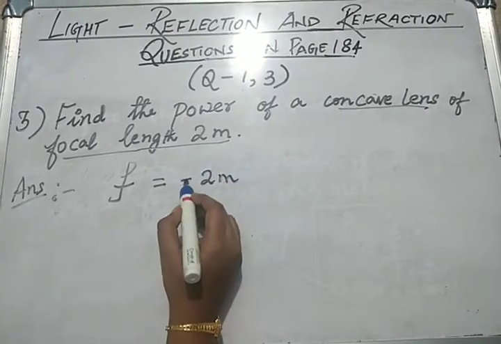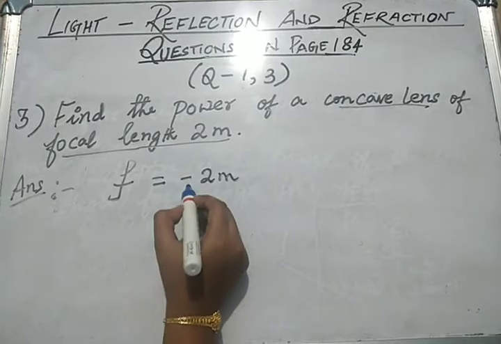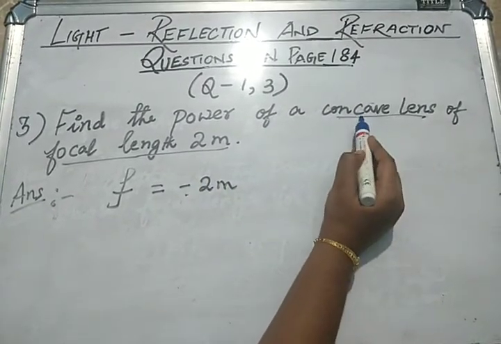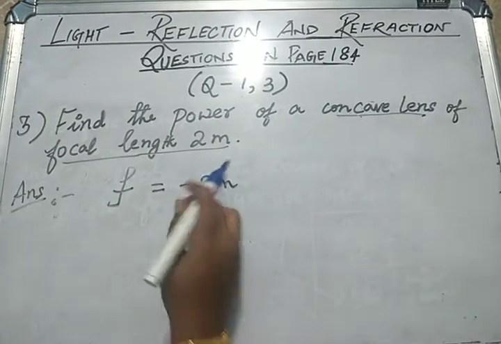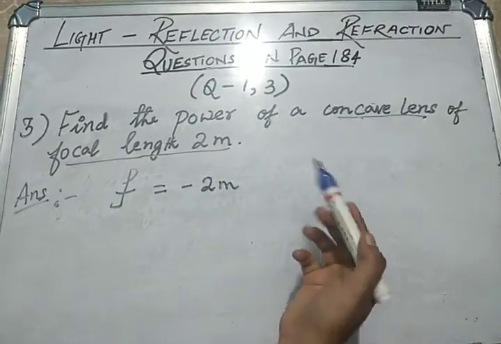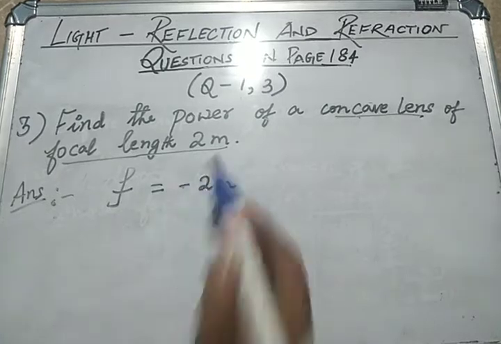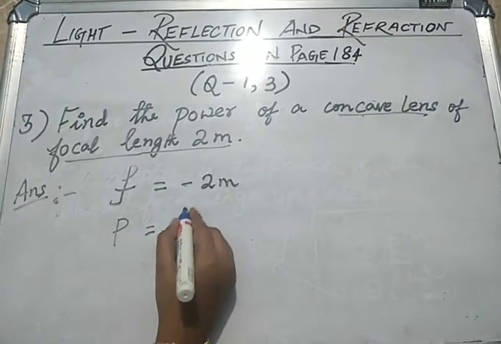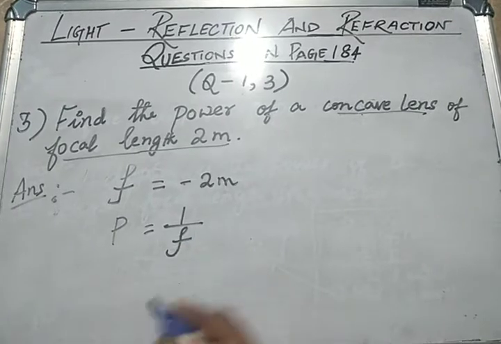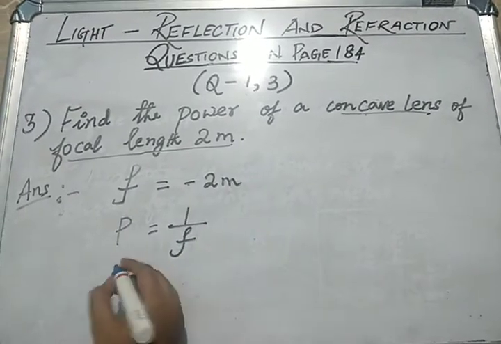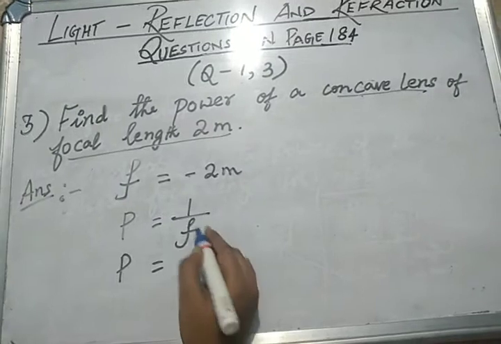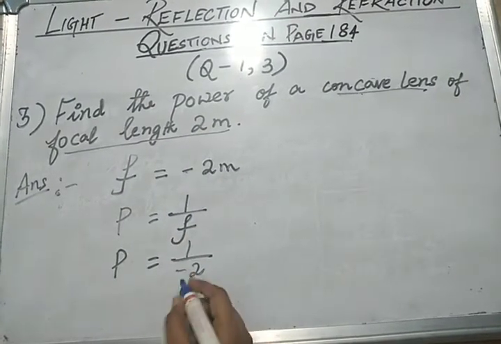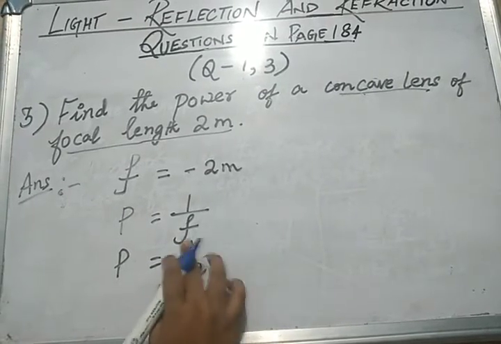Why have I specified this negative sign over here? Because the lens given is concave and the focal length of concave lenses is always negative. Now we know that power of lens is the reciprocal of the focal length. This is the formula. Just apply the formula. What is f? Minus 2. 1 by minus 2. Or you can write like this also.